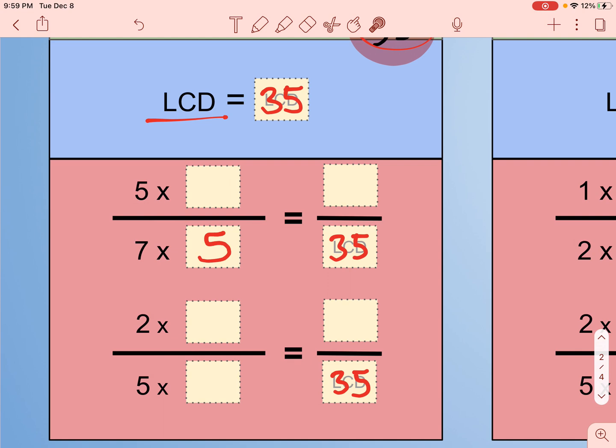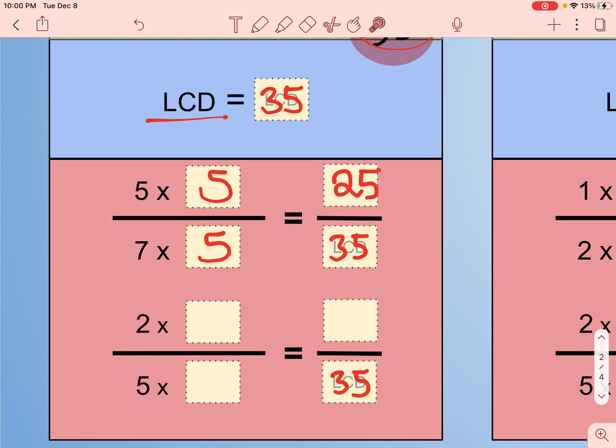Well, I know that there's a rule. When I was practicing equivalent fractions, we discovered that whatever I multiply the bottom by, I also need to multiply the top by. Whatever I do to the bottom, I need to do to the top. So notice that these two numbers here are the same. 7 times 5 is 35, and 5 times 5 is 25.